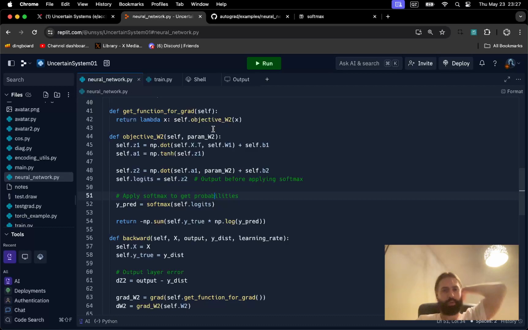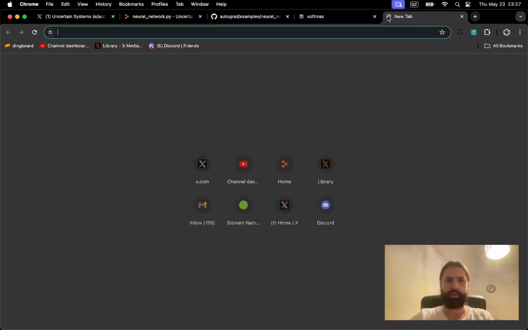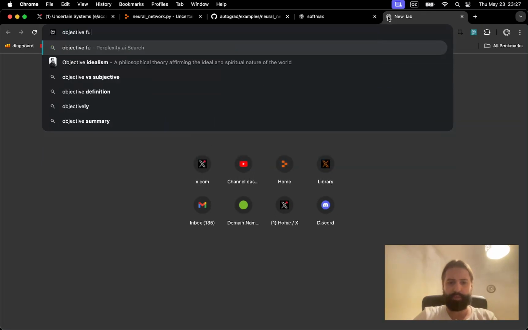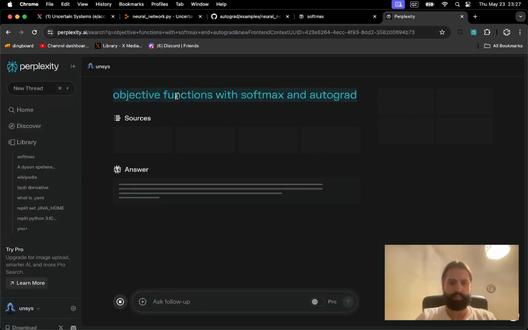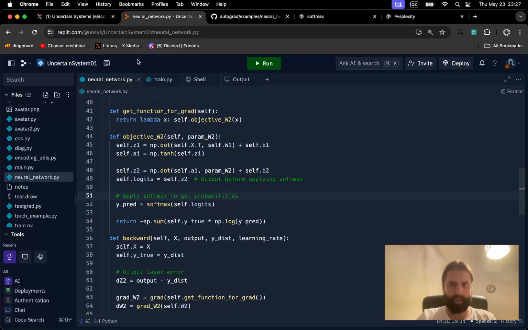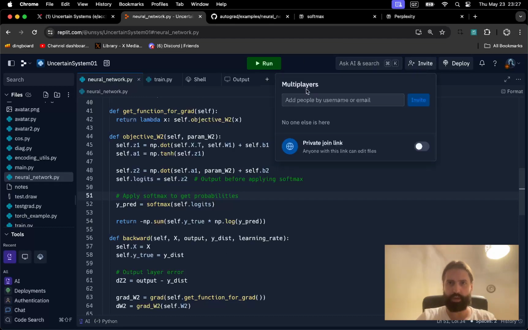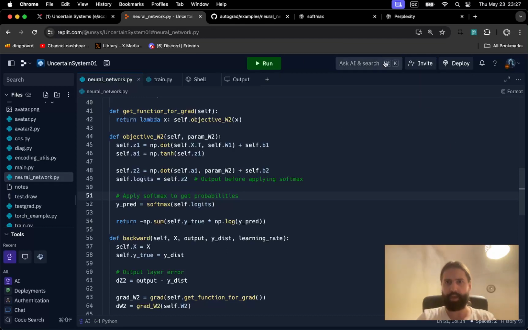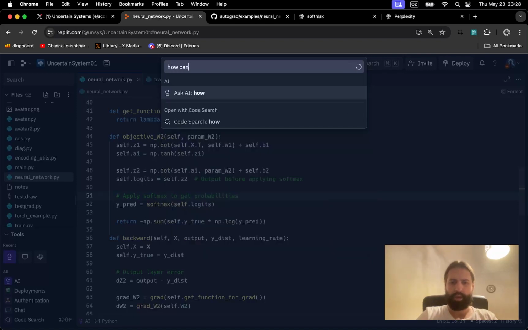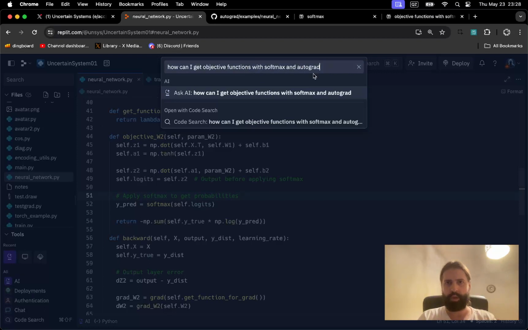Now, how to make autograd work with objective functions with softmax? Objective functions with softmax and autograd. Can we ask the AI here? How can I get the functions to work well with each other?